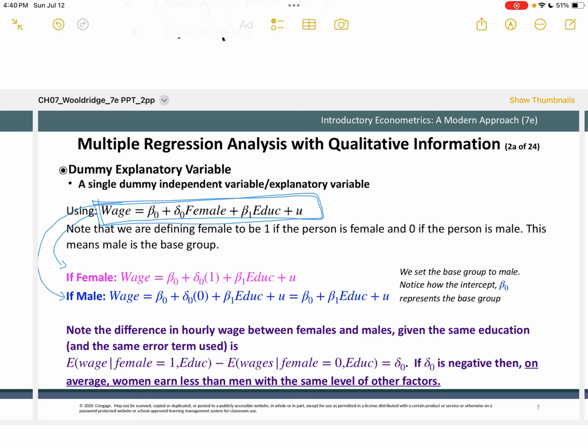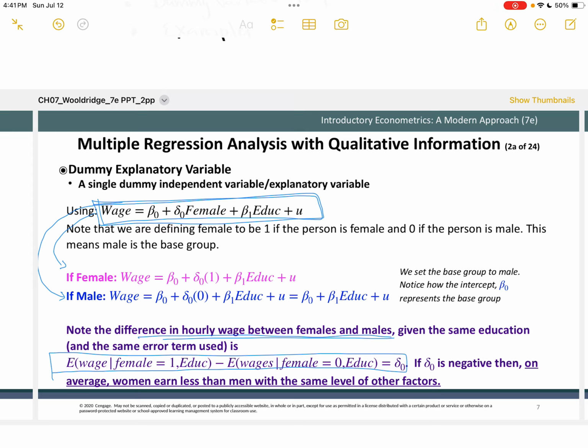In the slopes, there was no difference because the slopes were the same, beta 1. So when you try to find the difference in hourly wages between males and females given the same level of education and the same error term, we would write it mathematically as so.